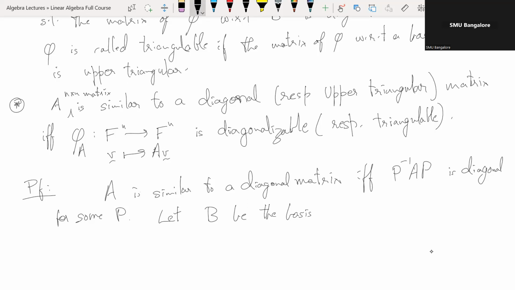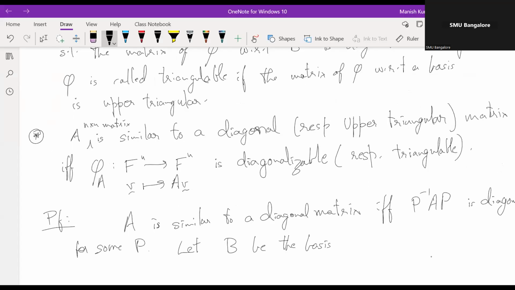That we know, right? The standard basis.